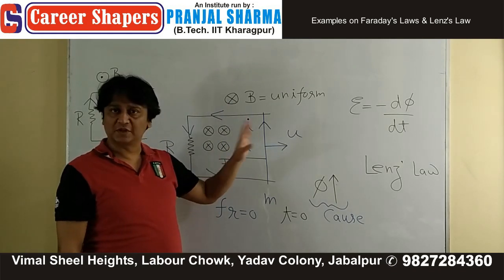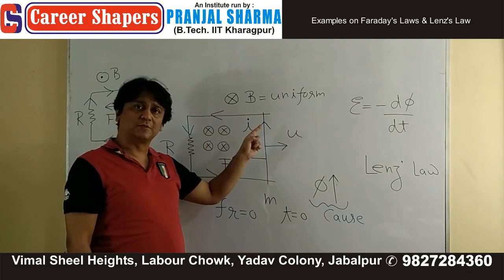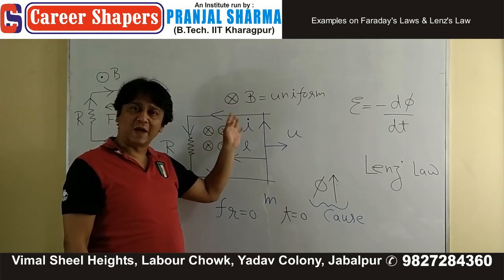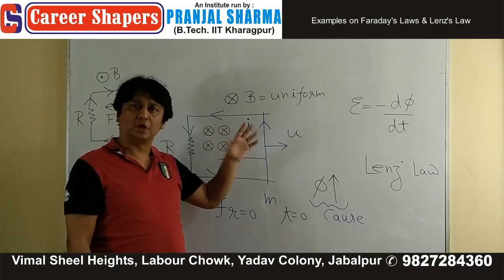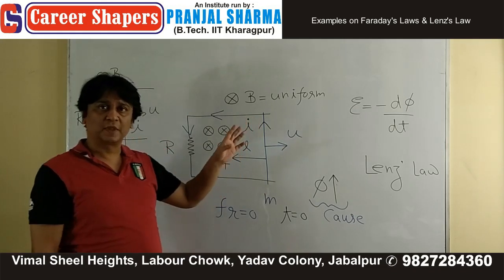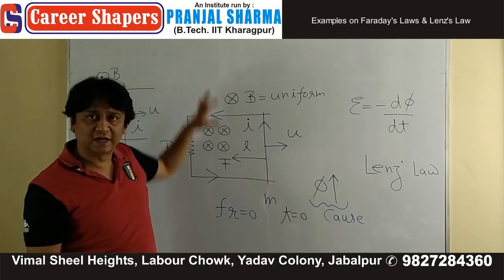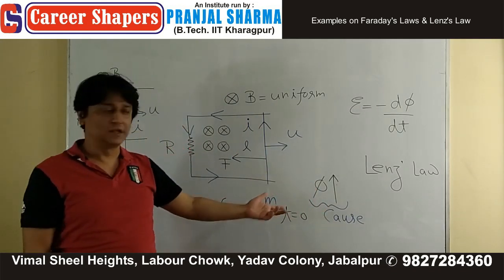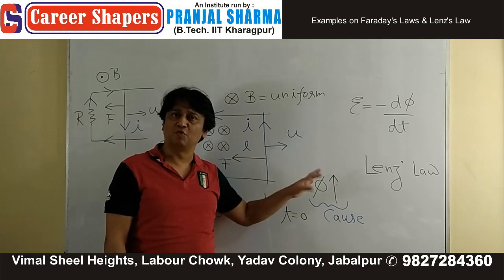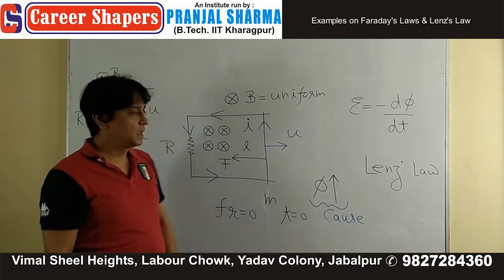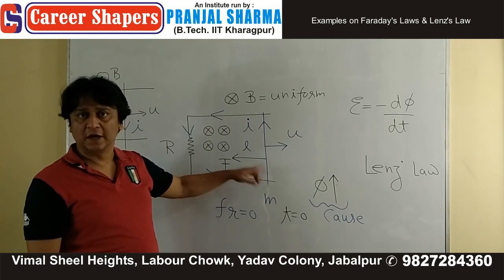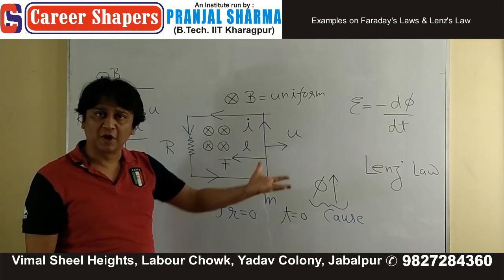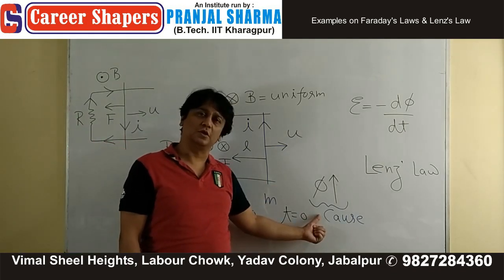Direction of current should be such that it produces a magnetic field which is opposite to this magnetic field. These two magnetic fields will cancel each other, not completely, but overall magnetic field decreases. Magnetic field decreases means number of magnetic field lines is decreasing. That means you have started decreasing what? Flux. So current should be such that it produces a magnetic field which is opposite to this.